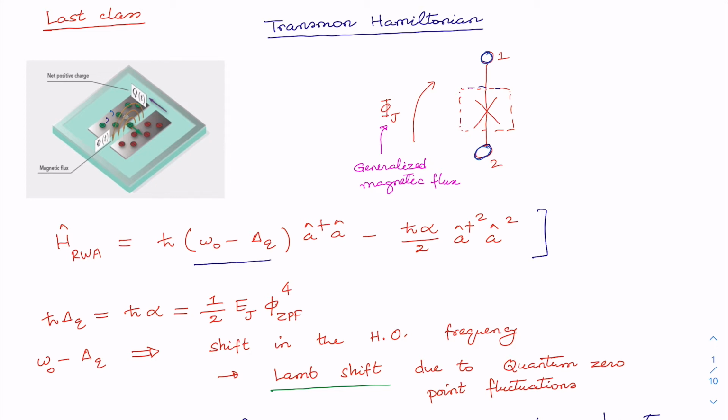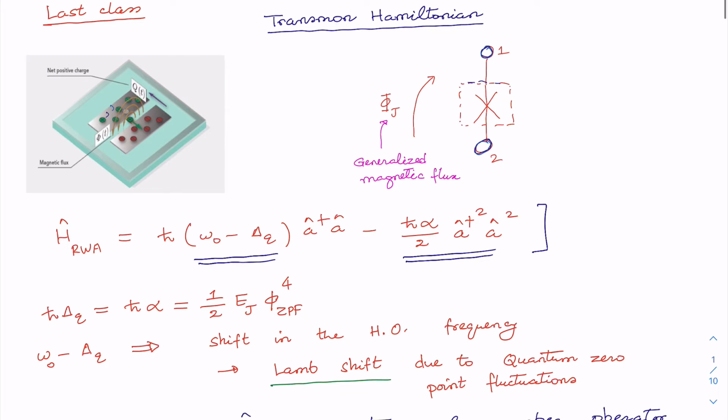In fact, this first term gives you the shift of the linear harmonic oscillator frequency, and this is known as the Lamb shift. On the other hand, this particular term is coming due to the nonlinearity of the Josephson junction.